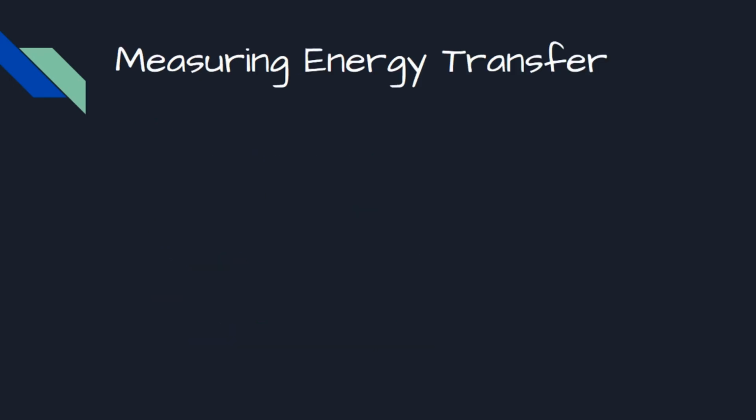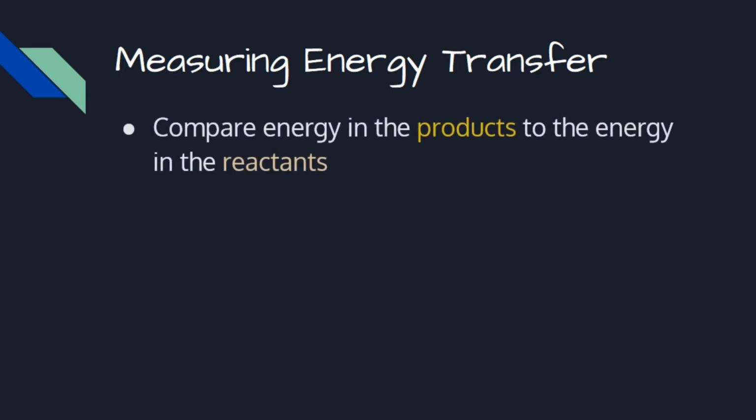All right, so then using those symbols for measuring energy transfer, again, I'm comparing the energy in the products to the energy in the reactants. So if my delta E or my delta T is less than 0, remember I always do products minus reactants.